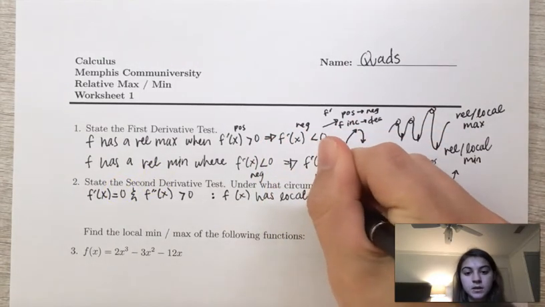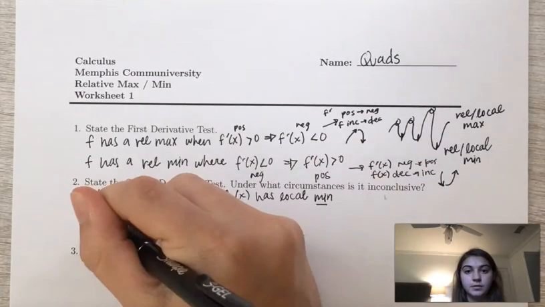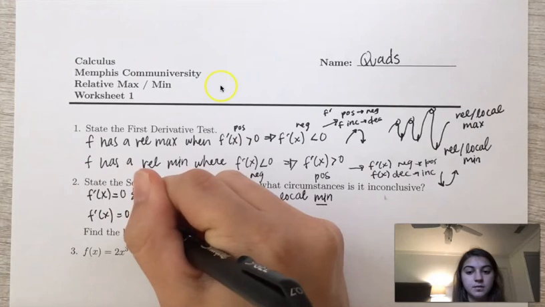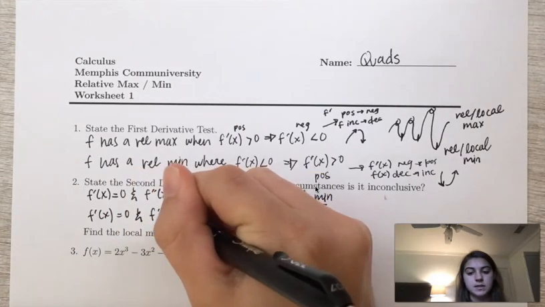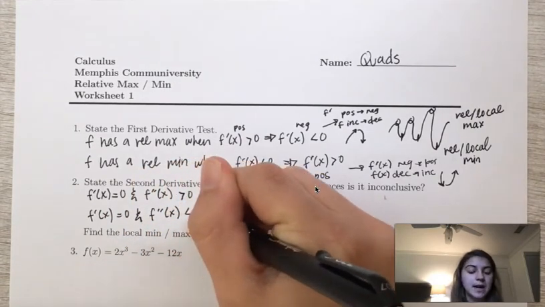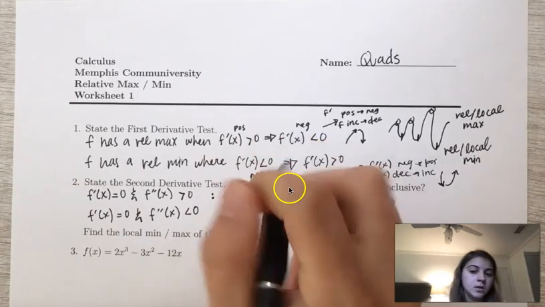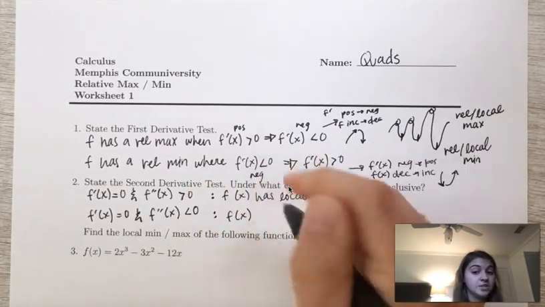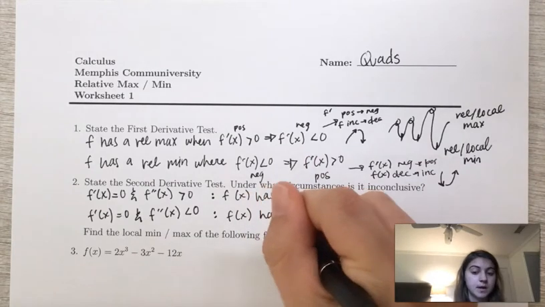And then you're going to take the second derivative and find out if it's negative or positive. Basically, what this test says is you have a relative min when f prime of x is 0 and f double prime of x is greater than 0, or positive.